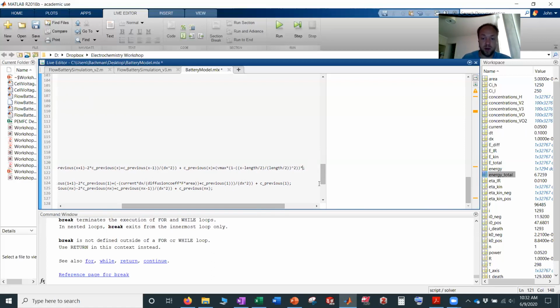And then I'm going to need to multiply this by c previous of x. Or sorry, you're going to have what's coming in. So initially I'll just say this is ci. We should call this initial minus.